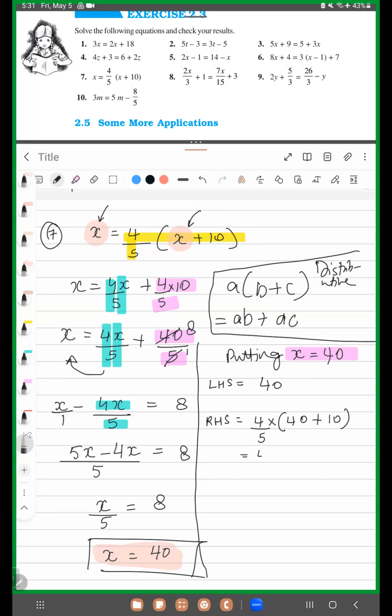What is 40 plus 10? 50. What is 5? अब हम यहाँ पे 5 और 50 cancel कर सकते हैं. 5 10s are 50. So it will be 40. So now LHS and RHS are equal or not? Yes, they are equal. So our answer is correct.